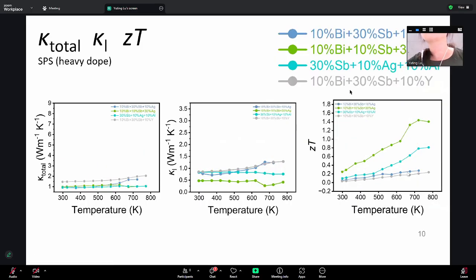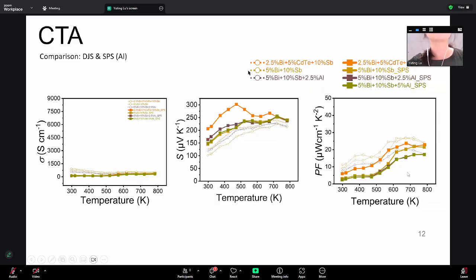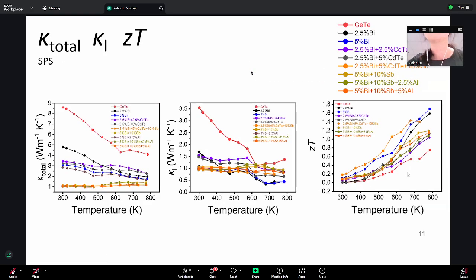So for these 4 recipes, I think the 30% silver has reached a relatively high ZT at high temperature. But the thermal conductivity still needs to be measured for the 1% tellurium samples to see if that will improve the high-temperature ZT.